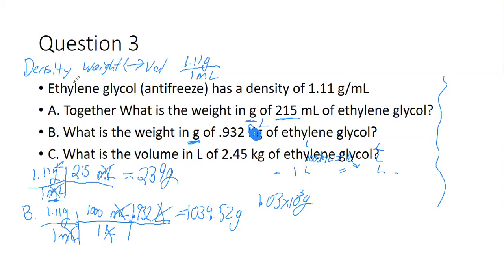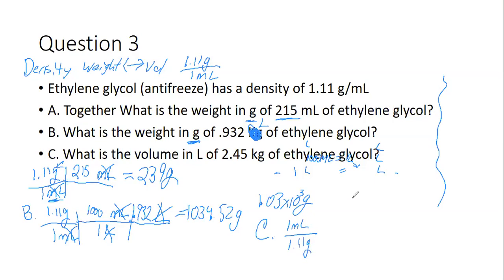All right, so for C, I'm going to do something a little weird that might not seem intuitive to you. It might not make sense, but let me explain it once I write it down. For C, I'm going to reverse my density. I'm going to say for every 1 milliliter, there's 1.11 grams.